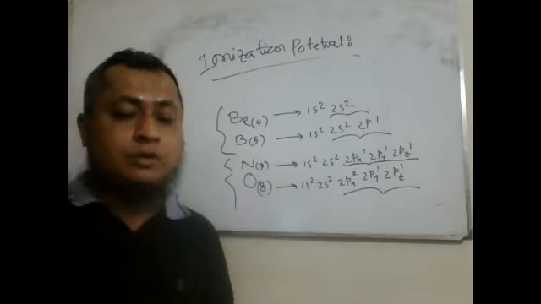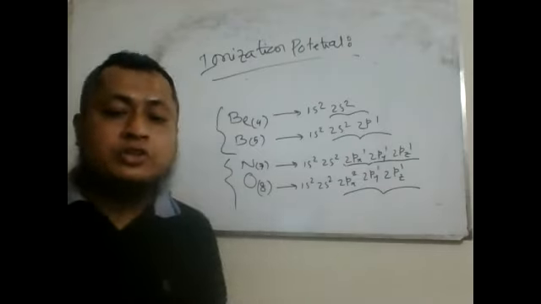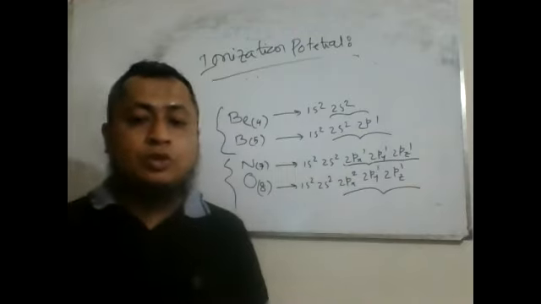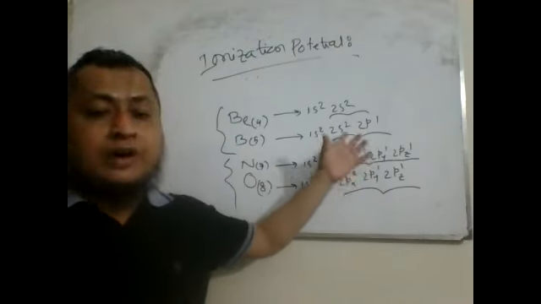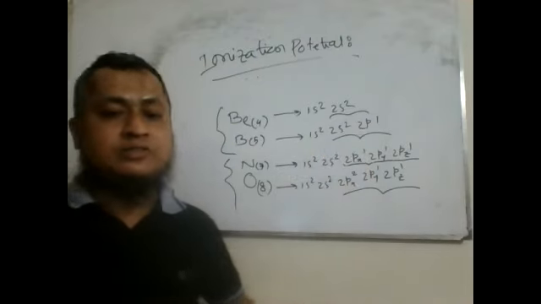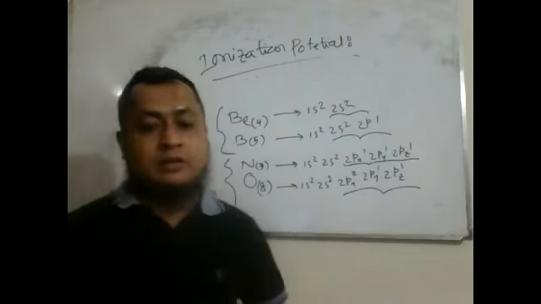I am very hopeful that from this explanation, you will be able to answer all the questions about the reason for the exceptions of ionization potential of the elements in the periodic table. With this, I am going to finish here.